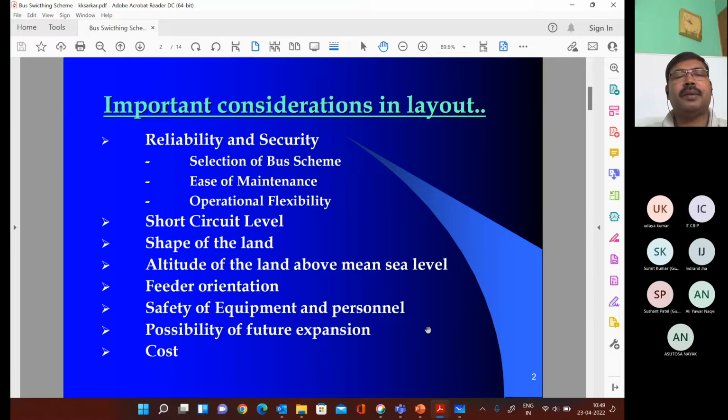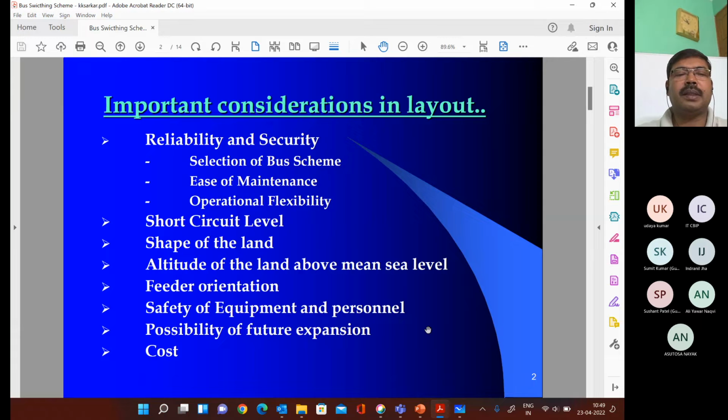Then next is the feeder orientation. I'll come to that when we talk about the layout. Then safety of the equipment and personnel, which means we have to put some earthing switches for the earthing purpose.